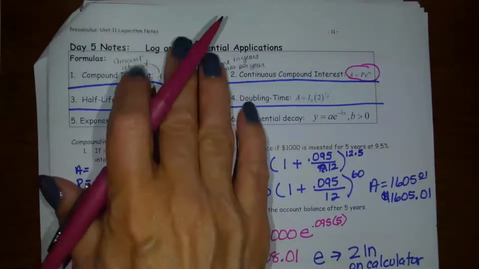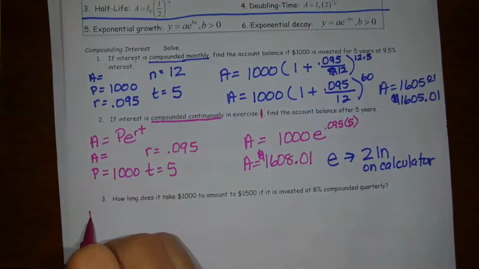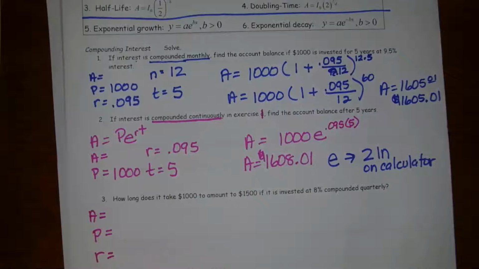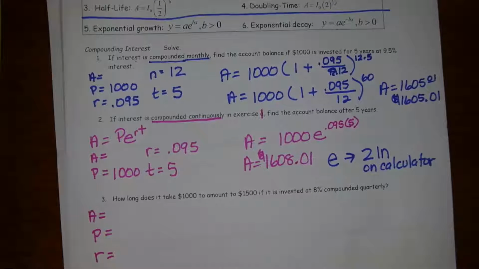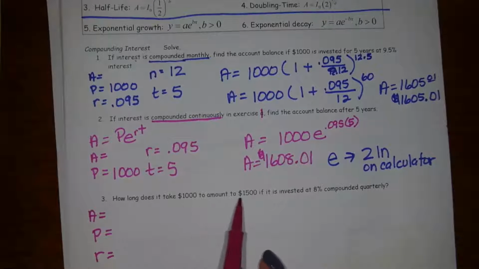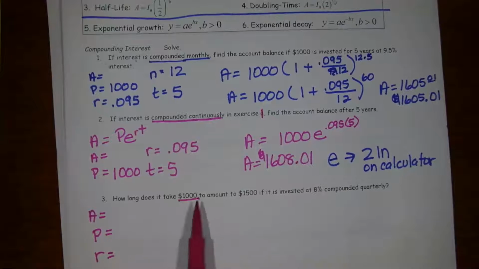So we're going to go to the compound interest formula. So let's identify, we're going to need A, P, R, N, T, right? There's 5 letters that we need. So let's see, how long does it take 1,000 to amount to 1,500? Which one of those is P? That's P, right?